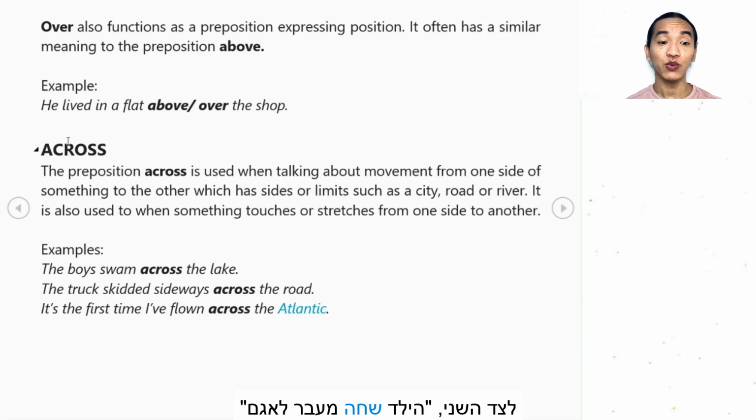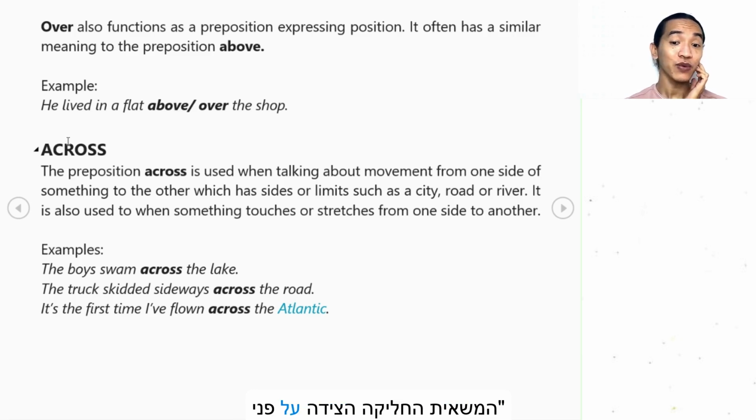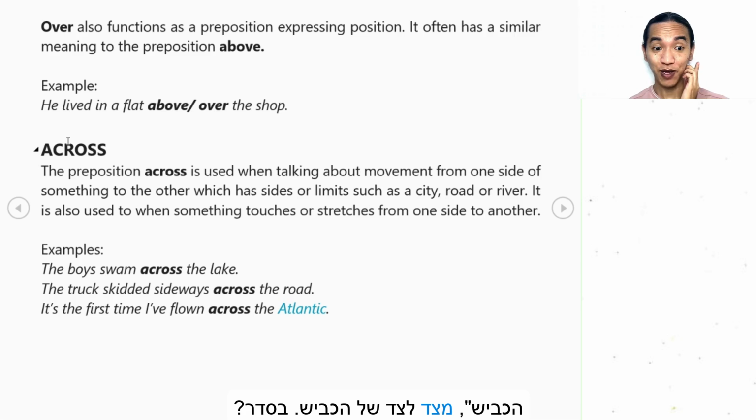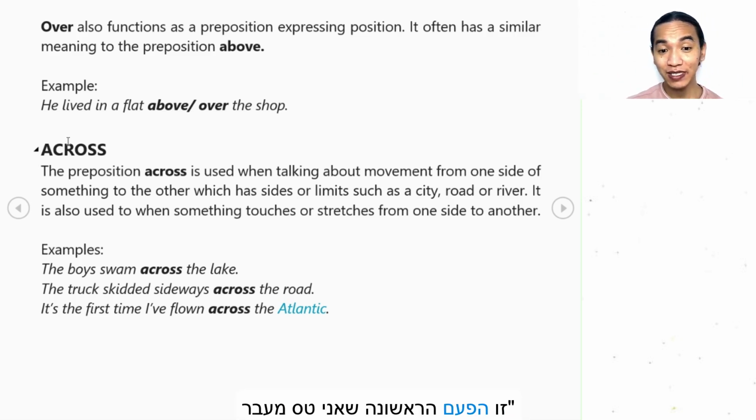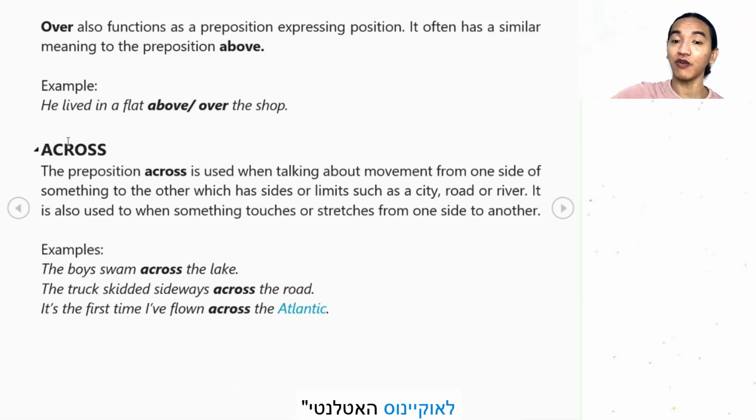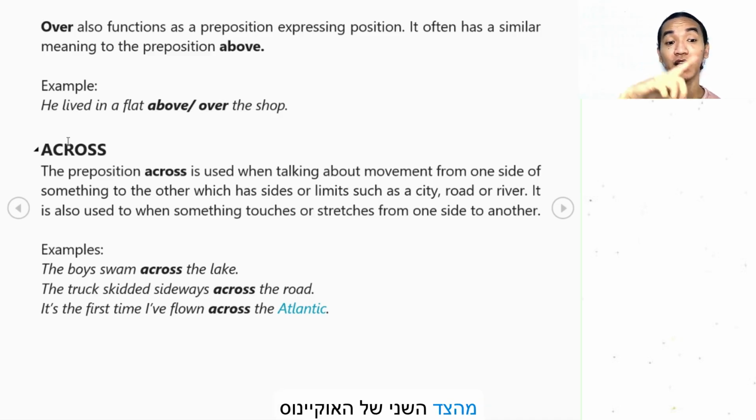The boys swam across the lake from one side of the lake to the other. The truck skidded sideways across the road, side to side of the road. It's the first time I've flown across the Atlantic, from the other side of the Atlantic.